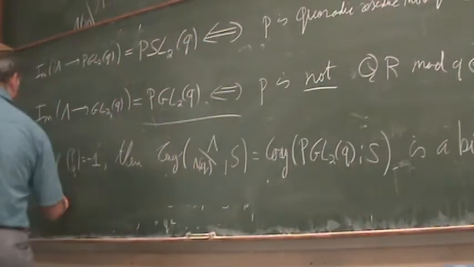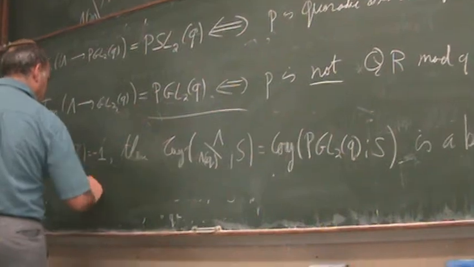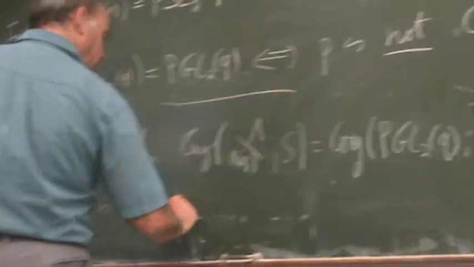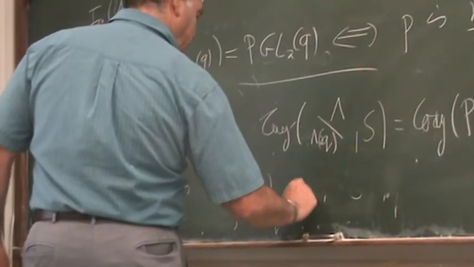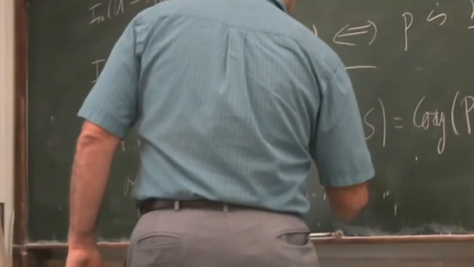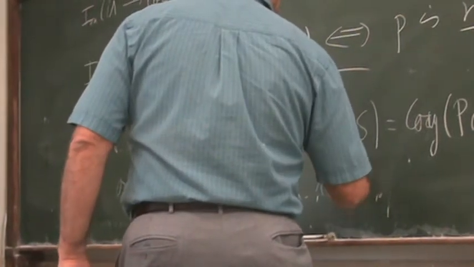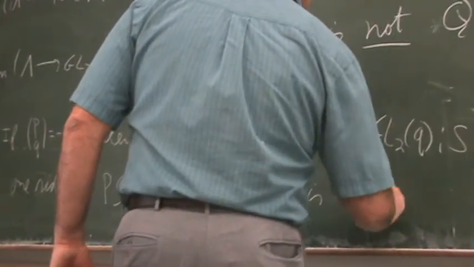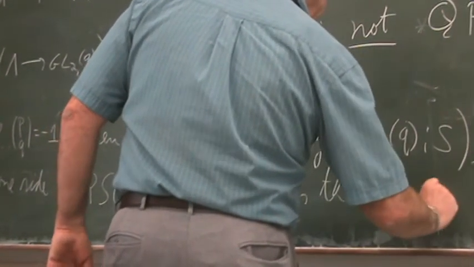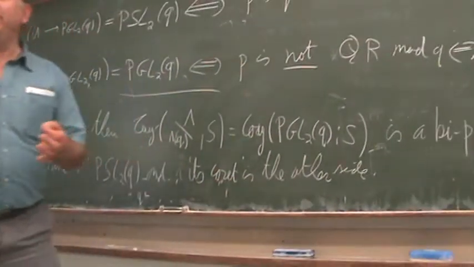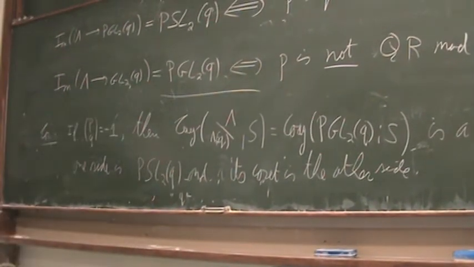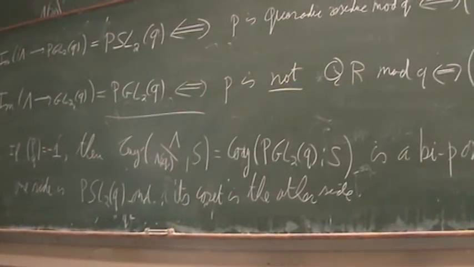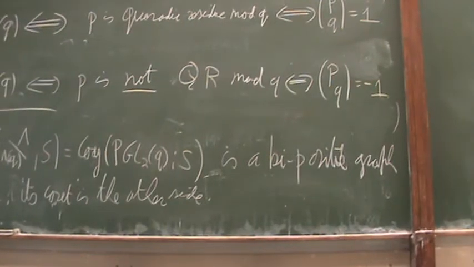The two sides: one side is PSL2Q, and its coset is the other side. You see what we have? We have PSL2Q as a subgroup of index 2, and we have this group and the complement of it, which is a coset.